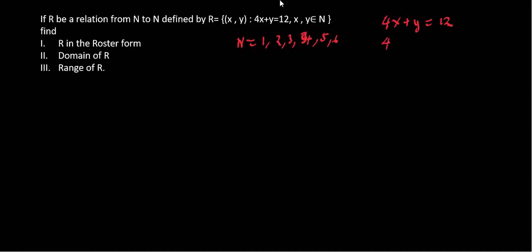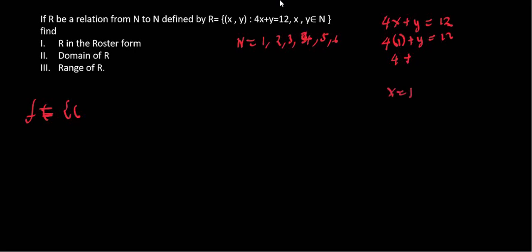So I'll put 1 there: 4 times 1 plus y equals 12. So this is 4. After putting 1 in this equation, what number should I put on y? So our x is 1.